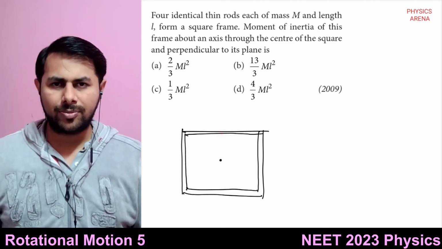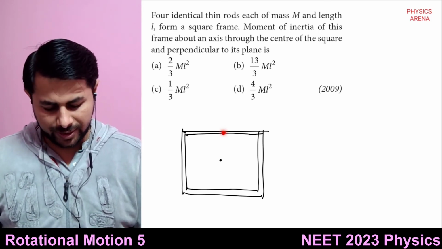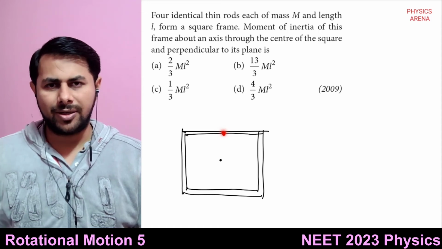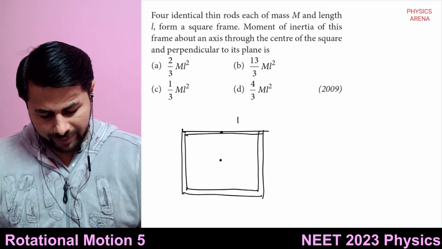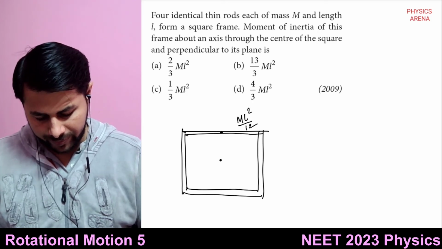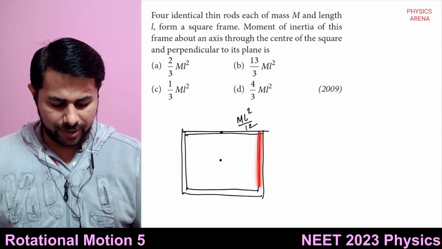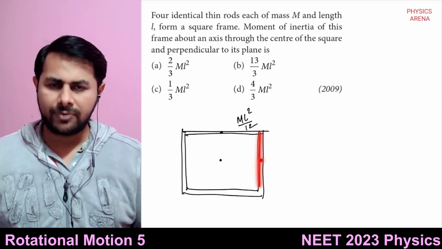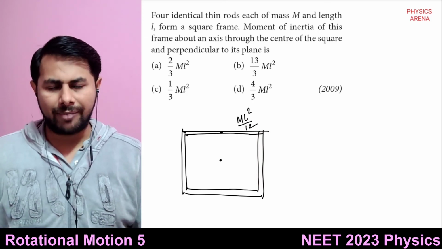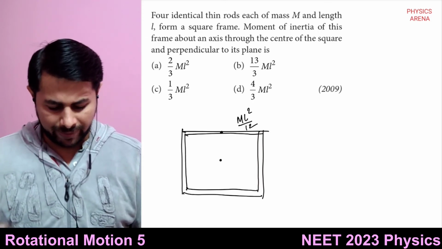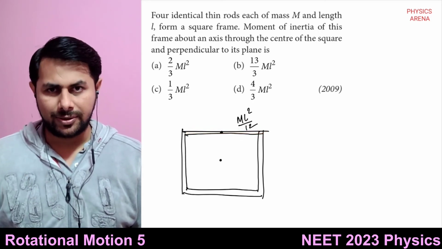So we know the moment of inertia of a rod about a perpendicular axis which passes through its midpoint is ml square upon 12, right? For this rod it will be ml square upon 12, and similarly for all of them, ml square divided by 12 about an axis which passes through their midpoint.